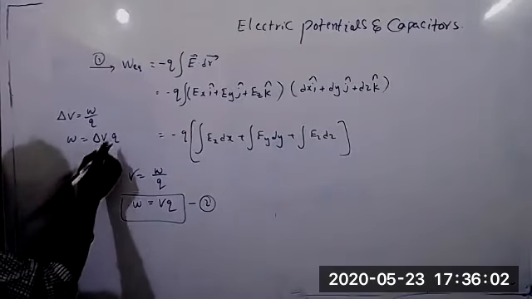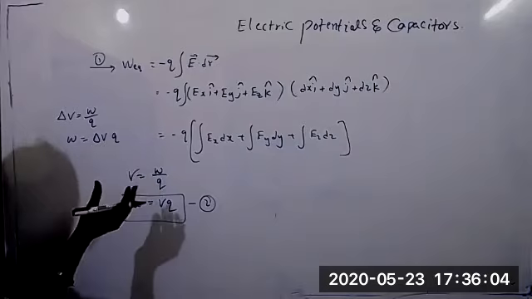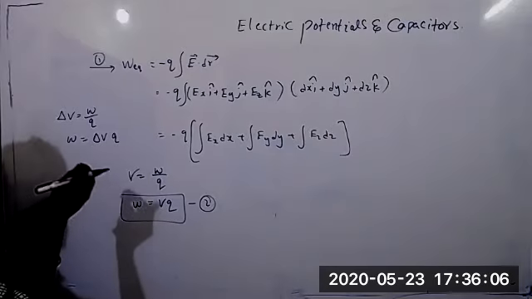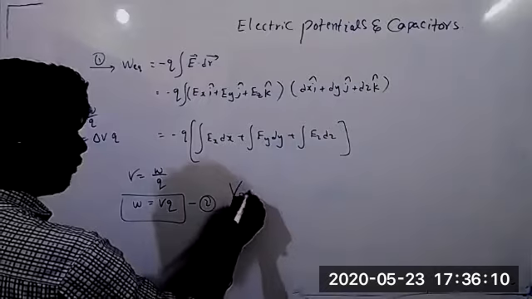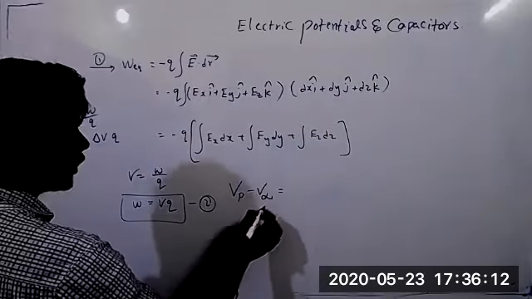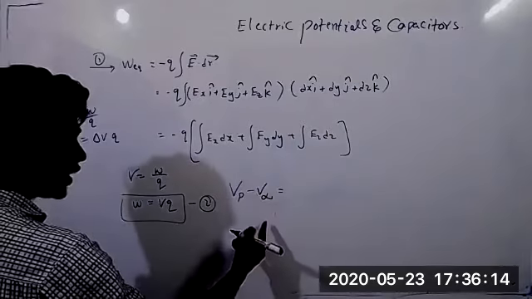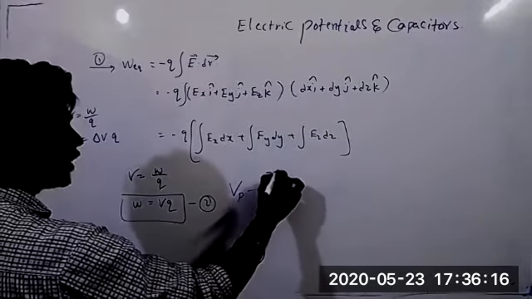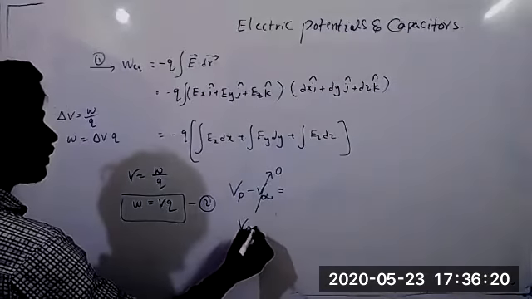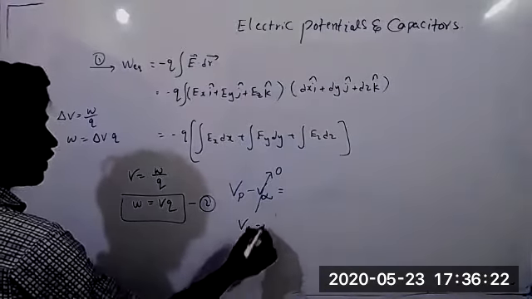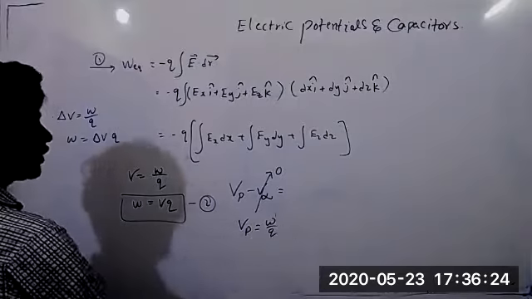We know actually in physics there is no definition for potential. There is a definition for potential difference. Potential difference Vp minus V infinity we will write. It is also potential difference, but we will assume at infinity potential is 0. Then only we got the formula for potential. V is potential, work by charge.